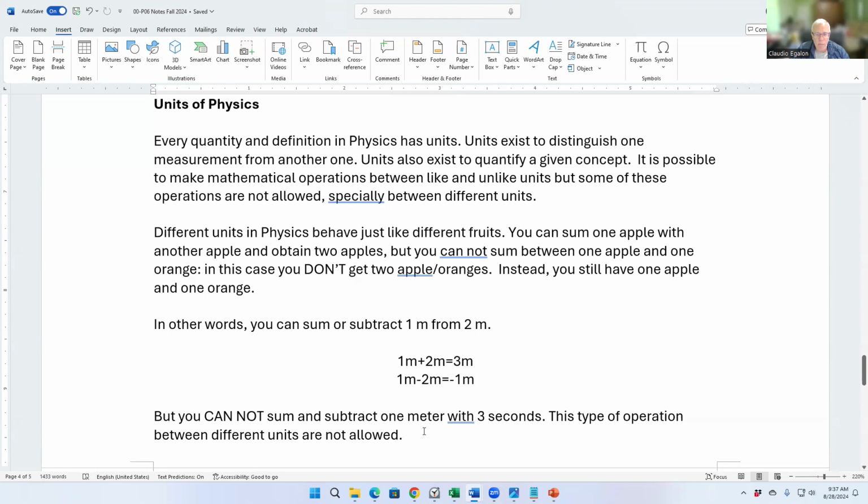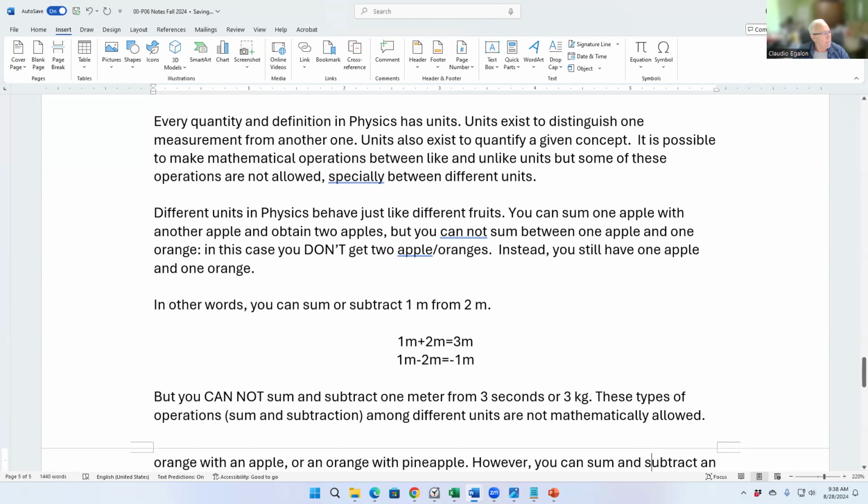You cannot sum or subtract 1 meter from 3 seconds, or 3 kilograms. These types of operations, I mean sum and subtraction, among different units are not mathematically allowed.